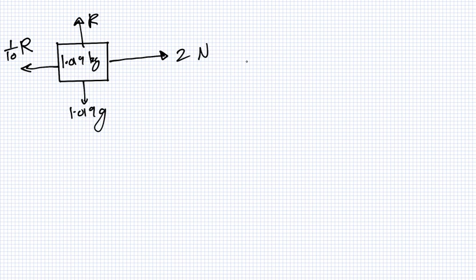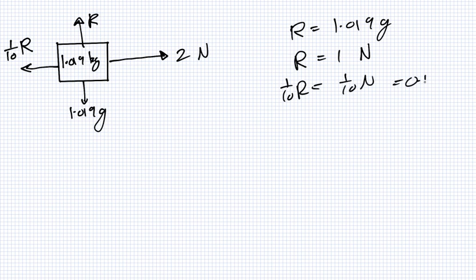It will accelerate horizontally because it slides along the ground, so there's no vertical motion here. So you have R equals 1.019 G, which will equal 1 Newton. So 1/10 of R is 0.1 newtons. In total, there's 2 minus 0.1, so there's 1.9 newtons of net force.